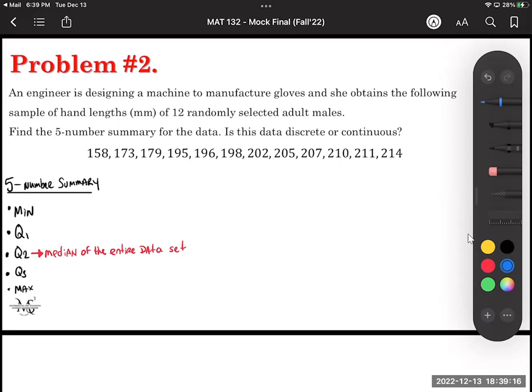So once you get to Q2, which is the median of the entire data set, you can then find Q1 and then Q3. Q1 is the median of the lower half. Q3, on the other hand, is going to be the median of the upper half.